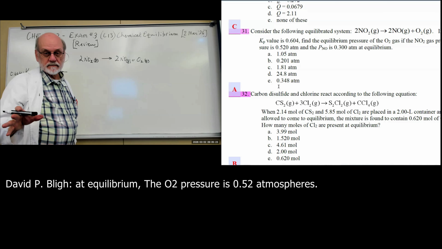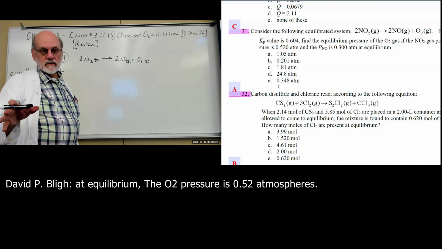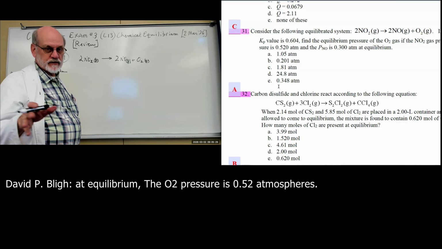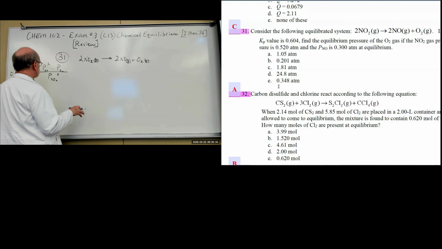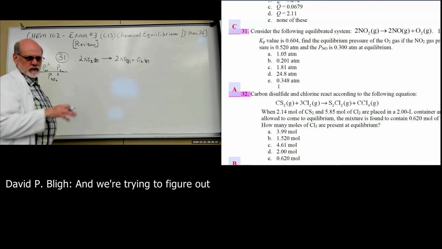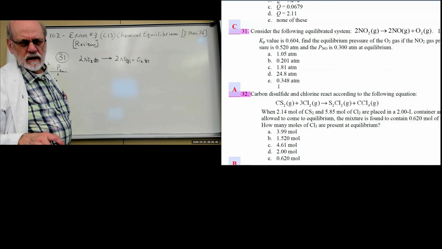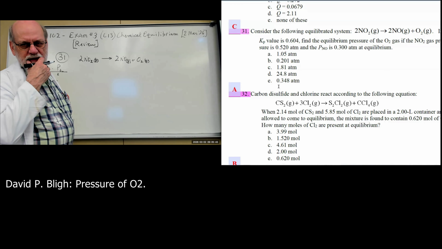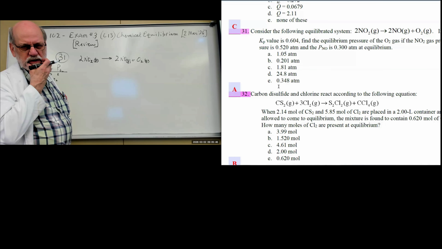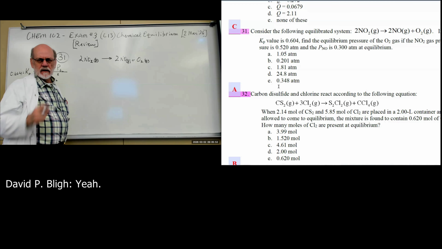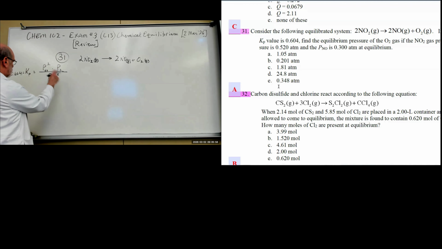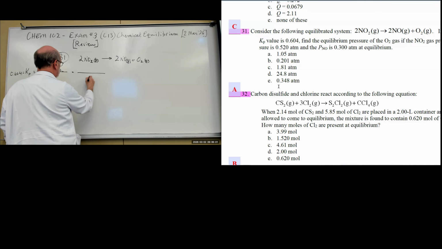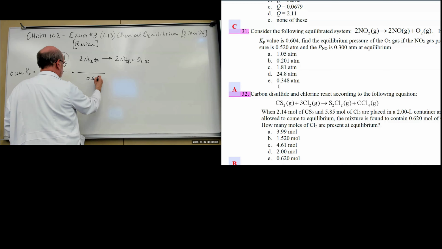At equilibrium, the NO2 gas pressure is 0.52 atmospheres, squared.